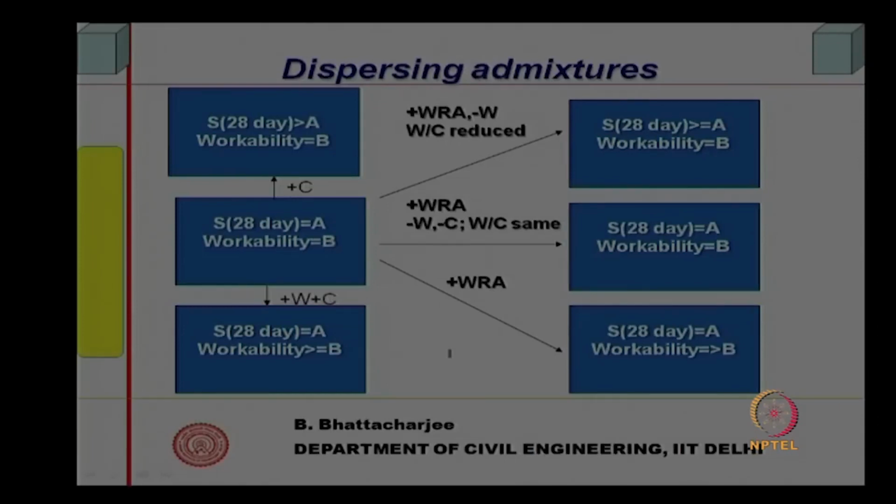Similarly, if I want to increase the strength, I use water reducing agent, water will reduce, but cement will remain the same, therefore, strength may increase. And if I want to simply increase the moldability, I add water reducing agent without adding cement, but otherwise I would have had to add water as well as cement.